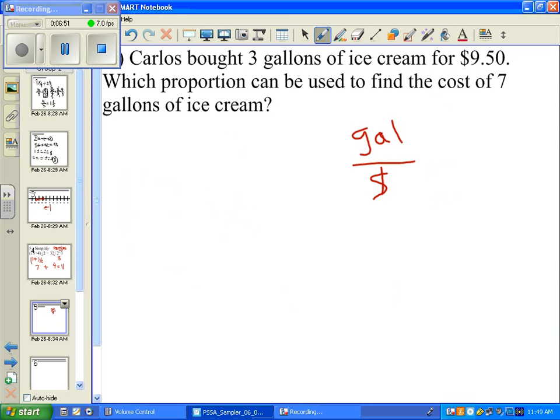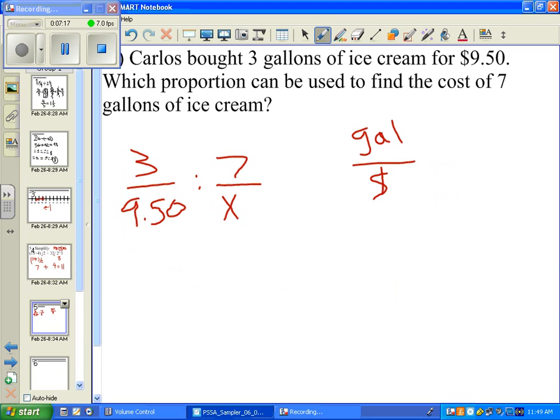That's one possibility. And then we'd have 3 gallons is to $9.50 as 7 gallons of ice cream is to an amount that we don't know, the amount of money.